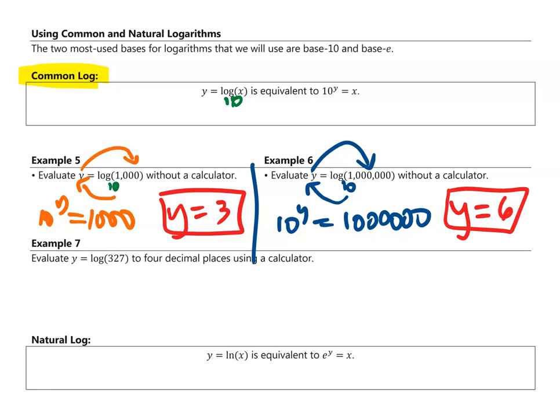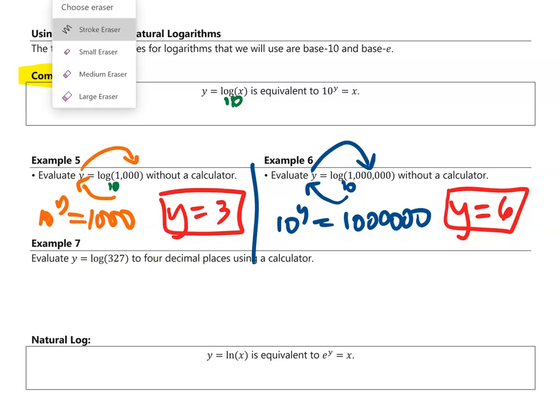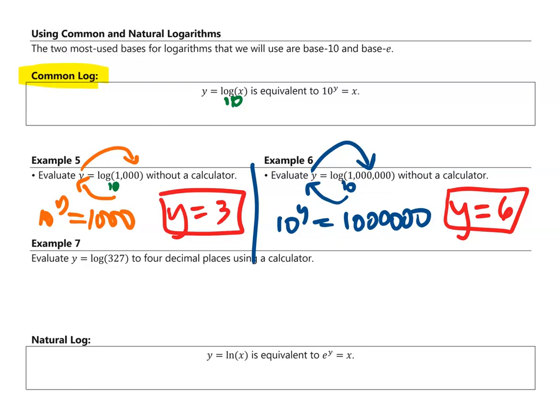Next, evaluate y equals log 327 to 4 decimal places using a calculator.